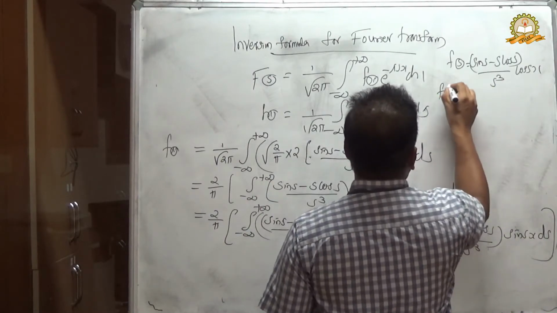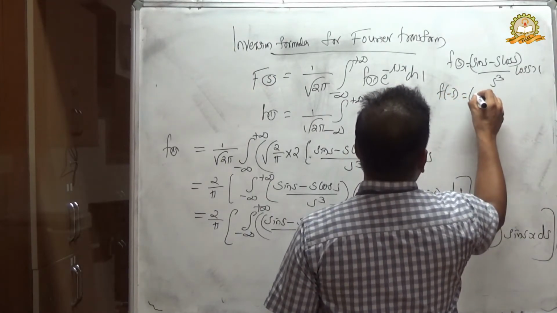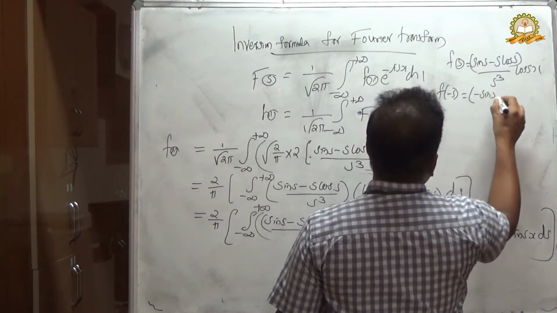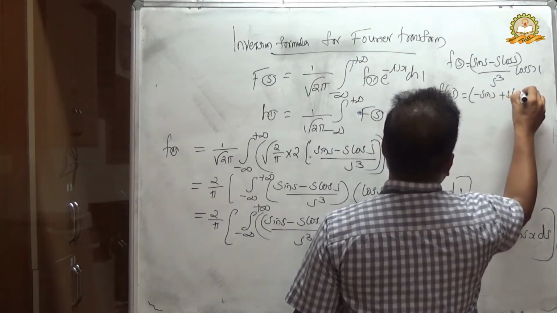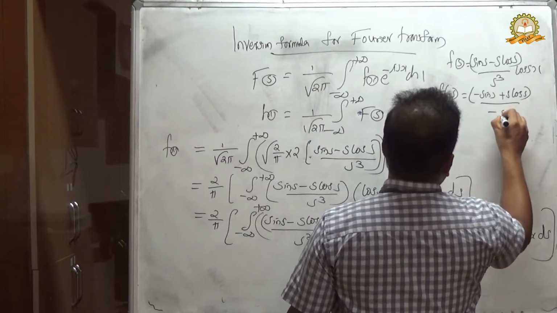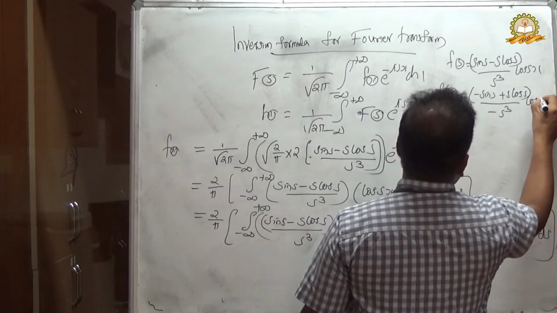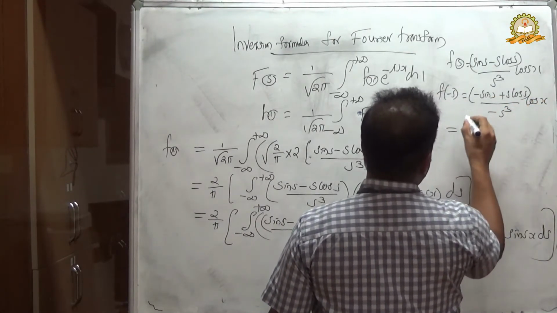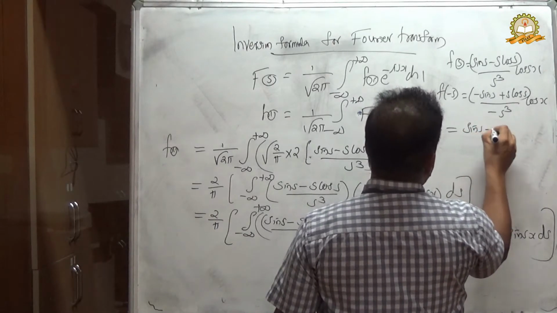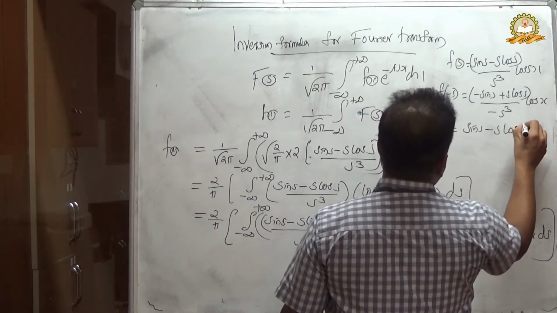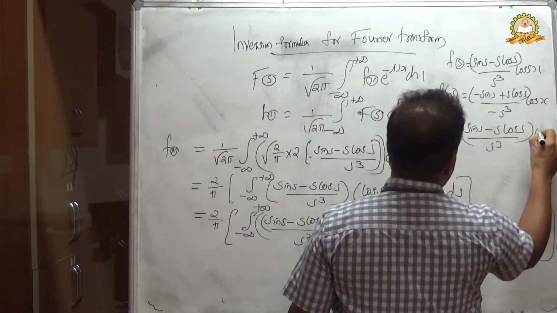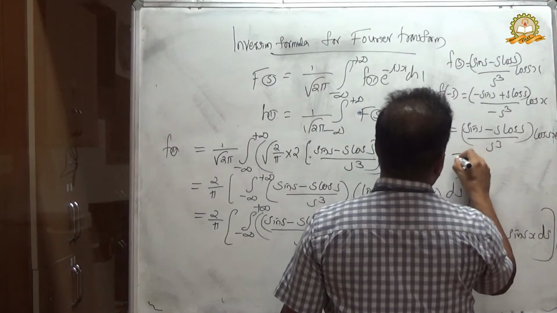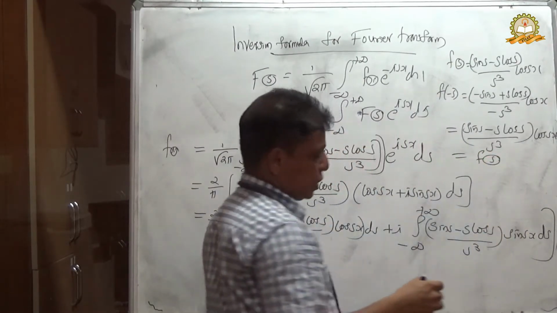We put s equal to minus s. Therefore, minus sin s plus s cos s by minus s cube cos sx. That is, multiplying by minus, sin s minus s cos s divided by s cube cos sx. That is equal to f of s, no change.